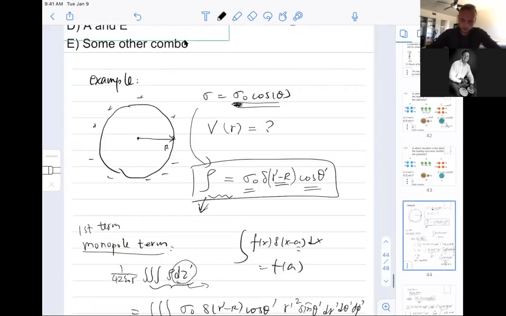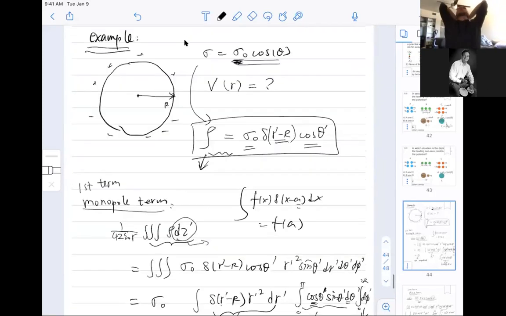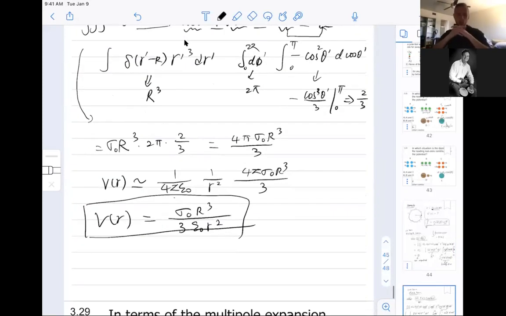You probably have seen this example before, right? And we just solved it using multipole expansion, relatively fast. You can see the first term goes away, and the leading term is going to be the dipole term, which is this result. So that's just a way to show how you're going to use this to solve problems.